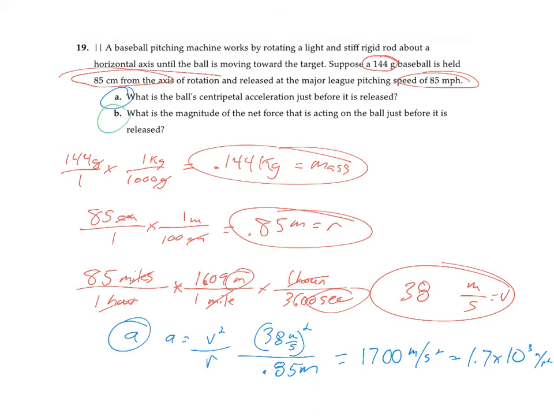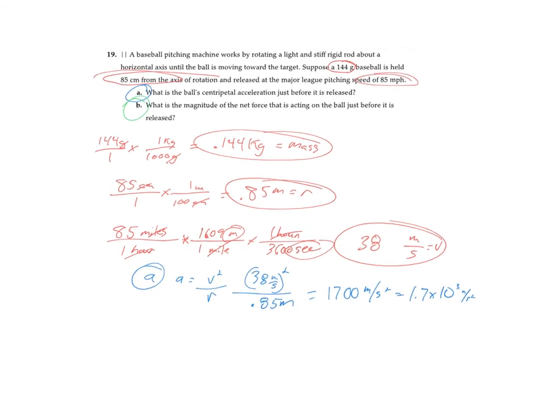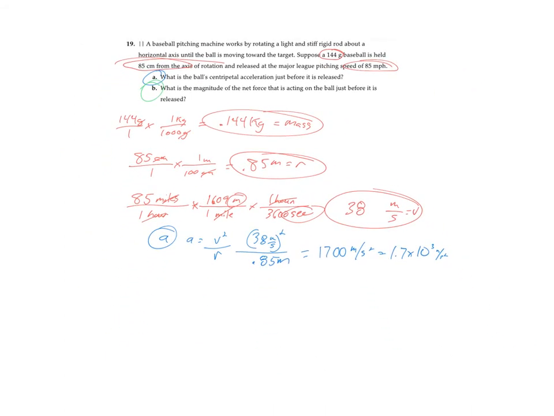Let's do part B. Part B says, what is the magnitude of the net force? The force is mv squared over r. My mass, didn't we do this a long time ago? 0.144 kilograms.